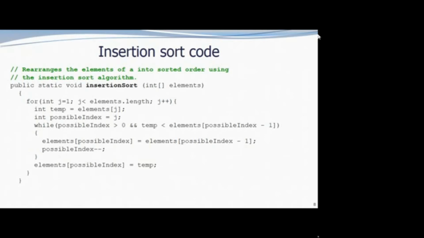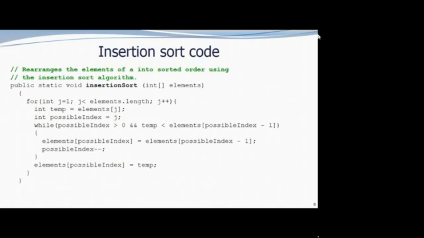We're checking the one before it. So if the one at 1 is smaller than the one at 0, it enters the while loop, and we subtract 1 from possible index. Temp still holds the old value, but now we've moved this one back.